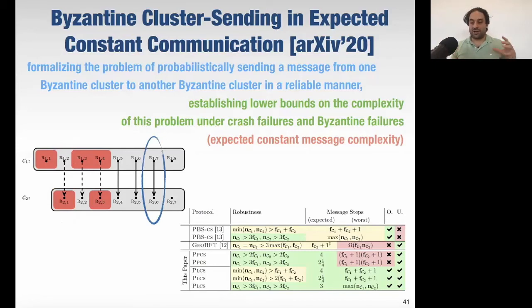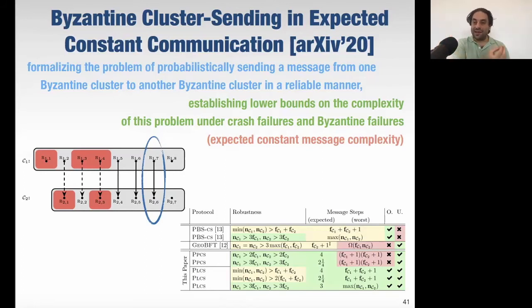And of course, the step of sending is more complicated than just sending from one node to another. The local consensus needs to happen in each cluster in order to verify and validate the message that is being sent and the acknowledgement of that message from the remote cluster. So that's part of that step.